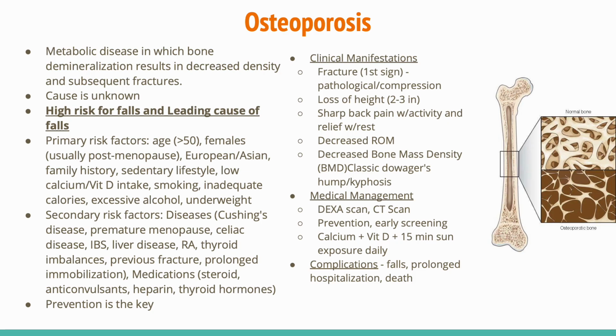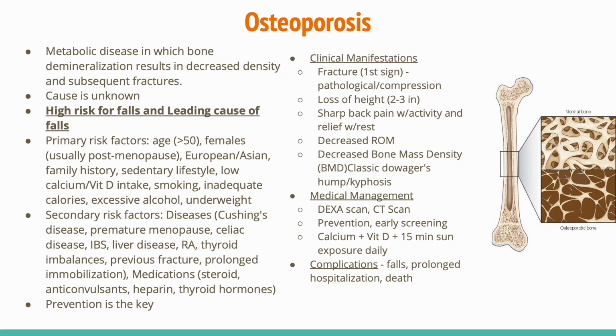Other contributing factors include inadequate calcium and vitamin D intake, smoking, excessive alcohol use, the lack of weight-bearing exercises, prolonged corticosteroid therapy, and certain endocrine disorders can also cause this. Osteoporosis is often called a silent disease because patients usually don't have any symptoms until they have a fracture, and that's when they get diagnosed.